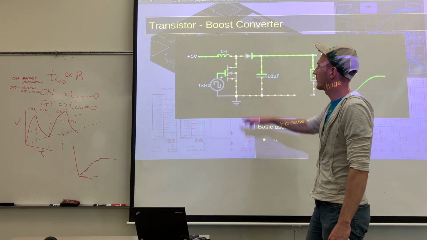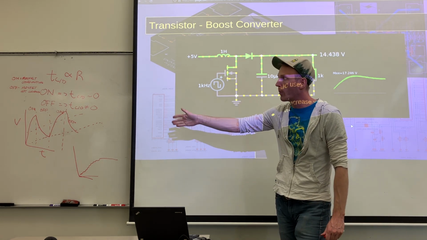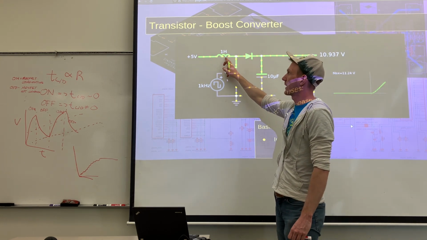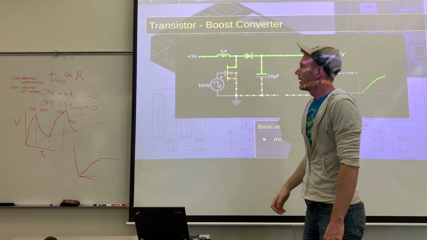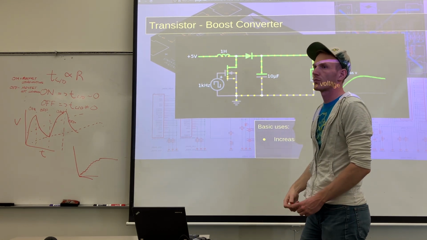So if we allow it to get to steady state, which we almost but not really do, we're cycling too fast for that, then this would go down to dropping no voltage, and this would just be the same as the input. Because it becomes a wire, or close to a wire. Yeah, effectively.